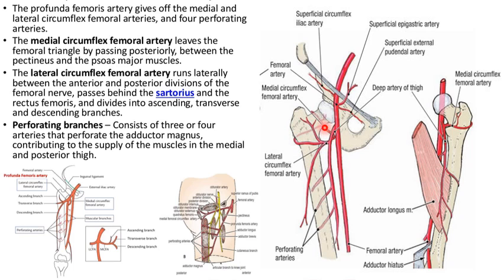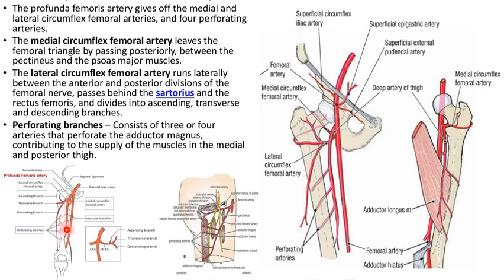So it gives the medial circumflex femoral artery, the lateral circumflex femoral artery, and 1, 2, 3 perforating arteries, which are the branches of the profunda femoris artery, and this profunda femoris artery continues as the 4th perforating artery.